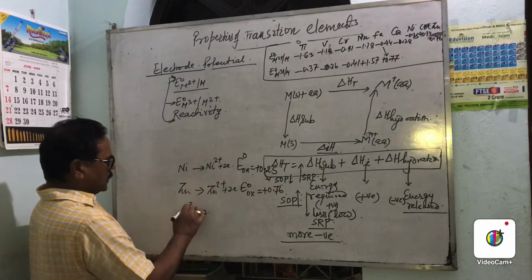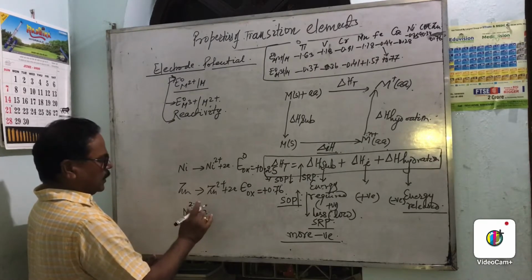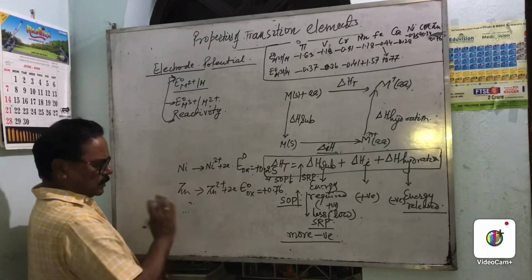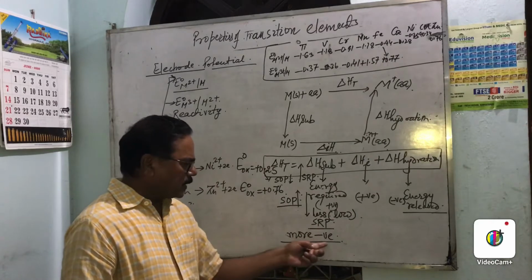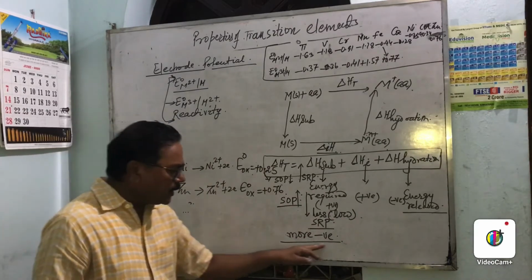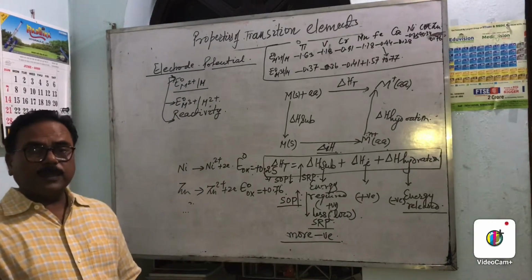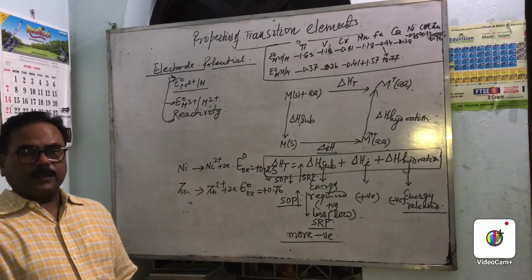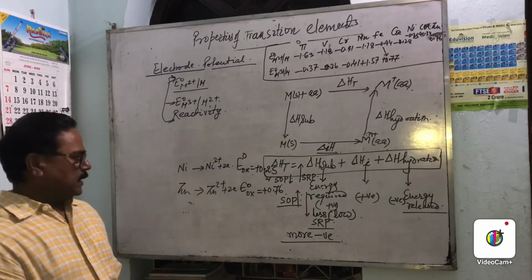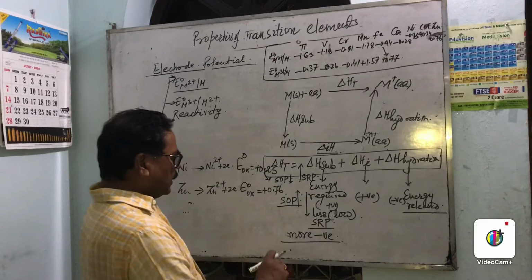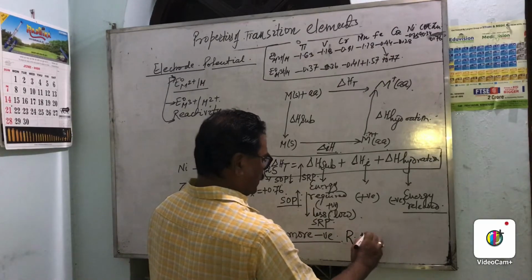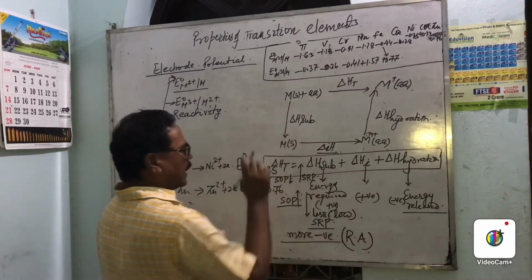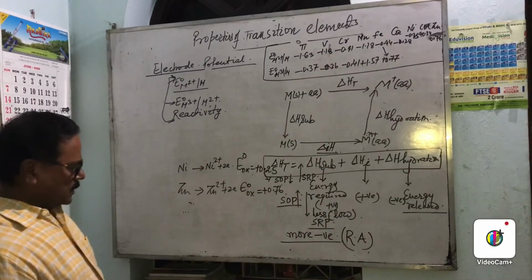Here SRP is less, that is more negative, and more negative means they will act as a reducing agent, a powerful reducing agent, and the other will act as an oxidizing agent.